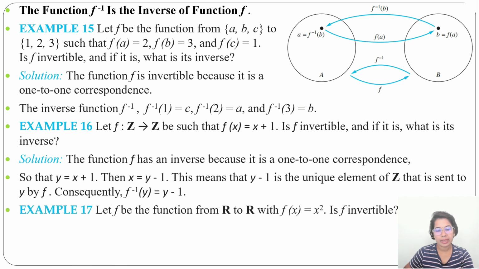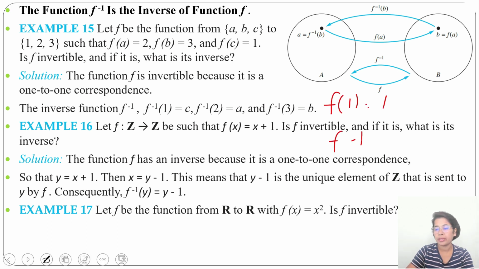Next, Example 17. Let f be a function from R to R with f of x equals x square. Is f invertible? I already discussed the same example, it's not one-to-one. As f of 1 equals 1, f of minus 1 is also 1. And f of 2 equals 4, 2 square, f of minus 2 is also 4.